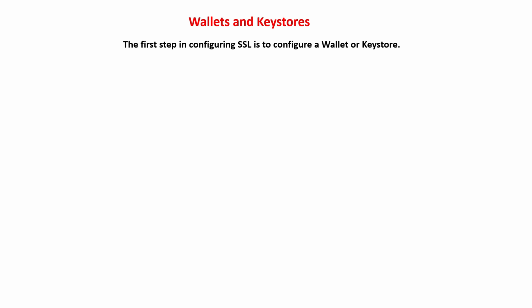So first, when we talk about the wallet and keystore, the first step in configuring SSL is to configure a wallet or keystore. One thing which is common between your wallet and keystore is that it is used to store the SSL related configurations. Now, what are the SSL related configurations? When we configure SSL, we have the public and private keys, right?